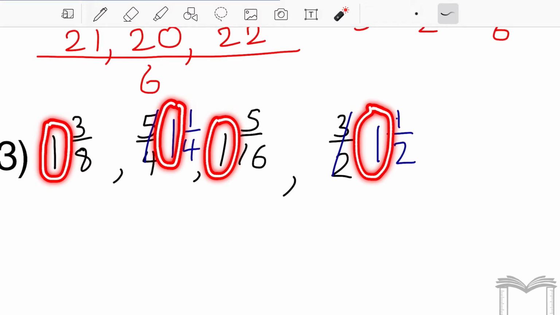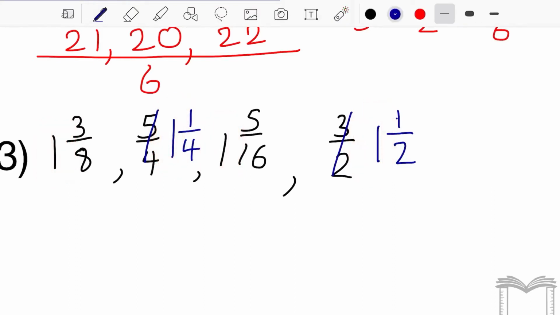So we can simply just compare the fractions. So 3/8, 1/4, 5/16 and a half. What number can 8, 4, 16 and 2 go into without a remainder? That would be 16.